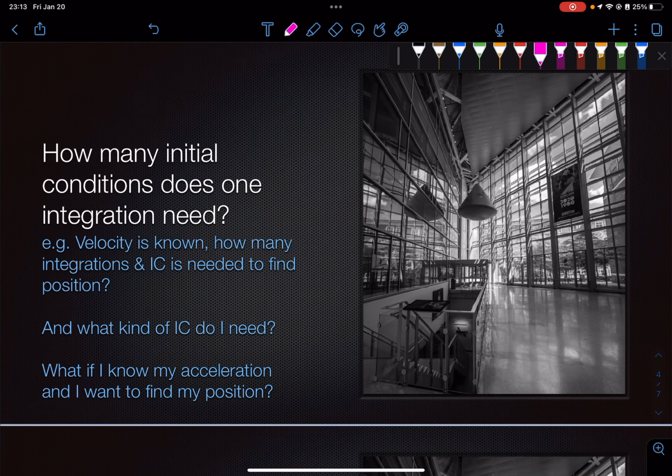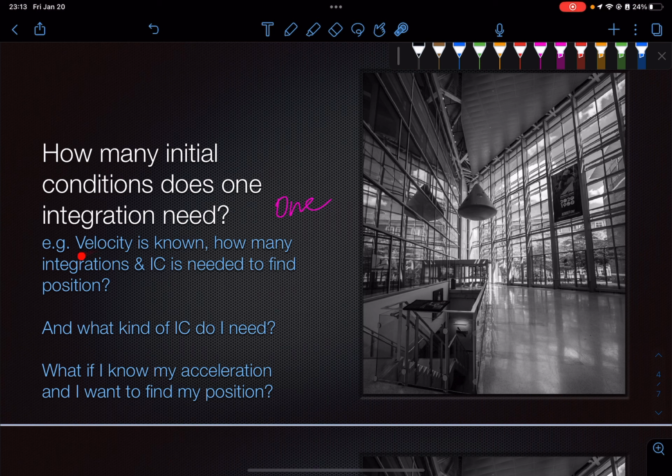Just as we were discussing before, how many initial conditions does one integration need? I think everybody can agree that it's just one initial condition. Let me give you another example.